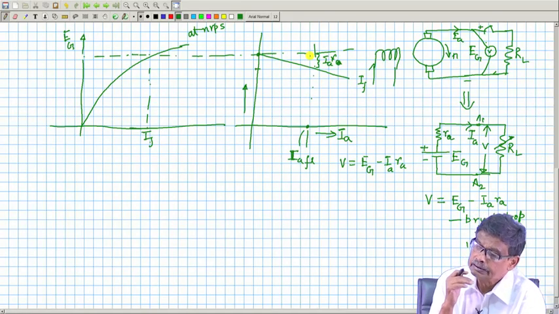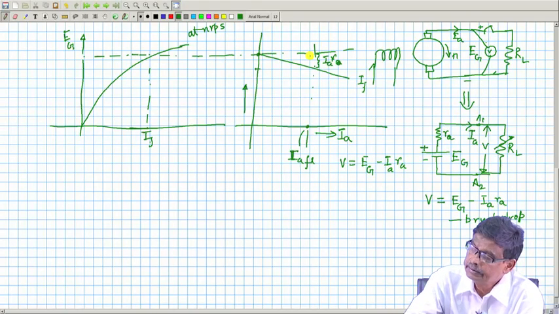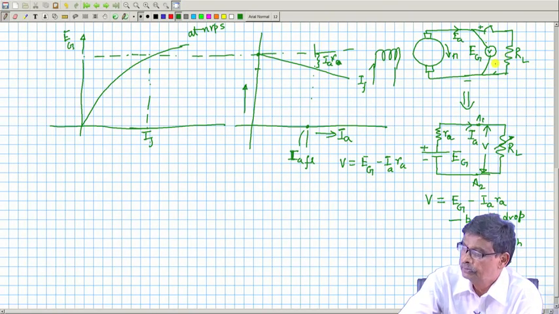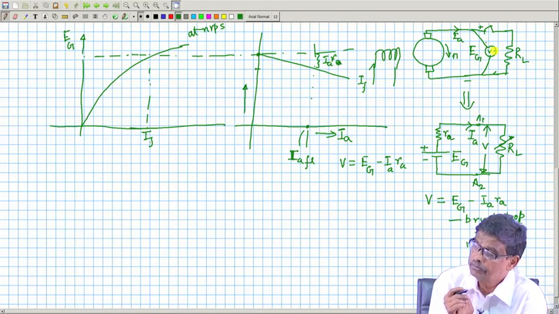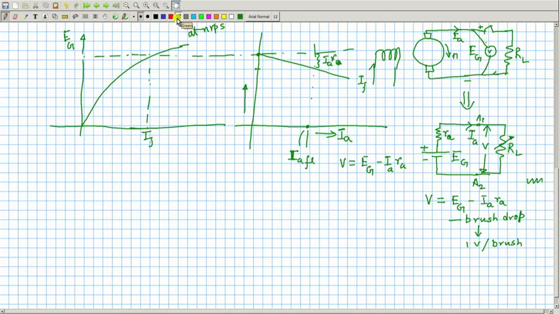Remember that in this case, if you put a short circuit, that is R L is 0, then how much will be the current? With V equal to E g minus I R A, it is like this, but suppose R L is equal to 0, meaning short circuited. If it is short circuited, then current will be very large.